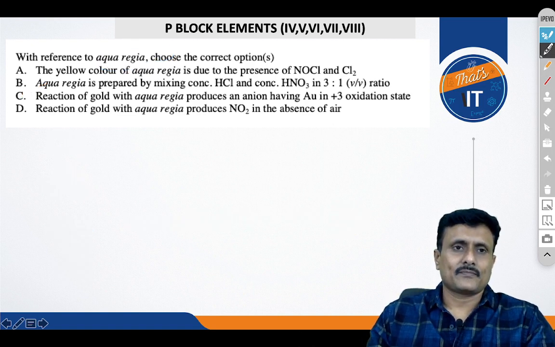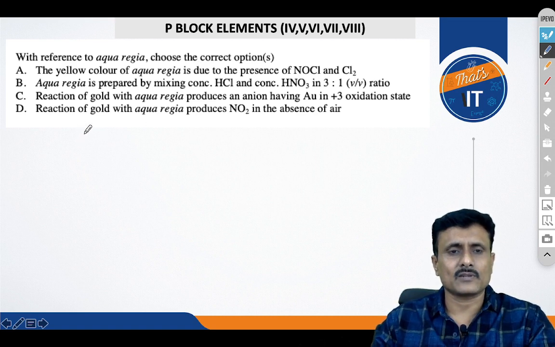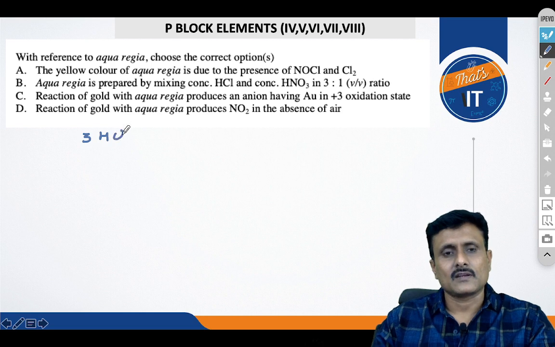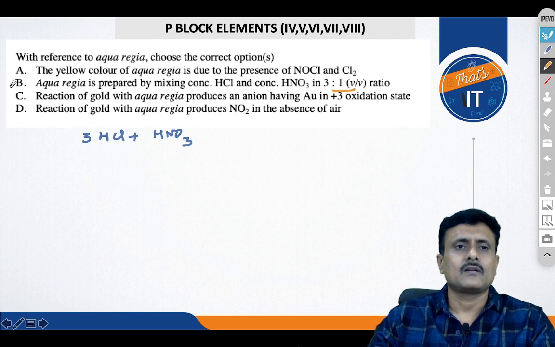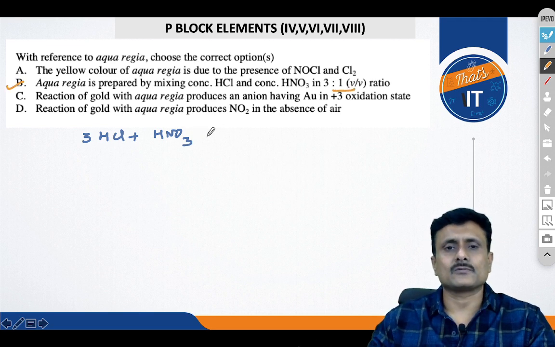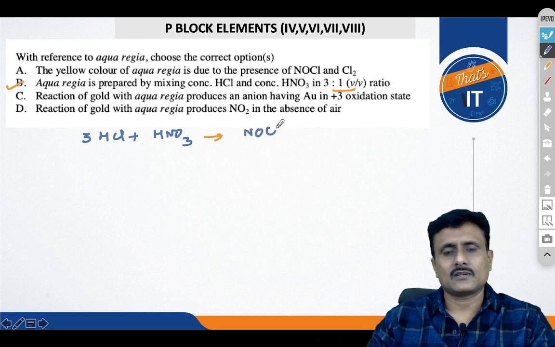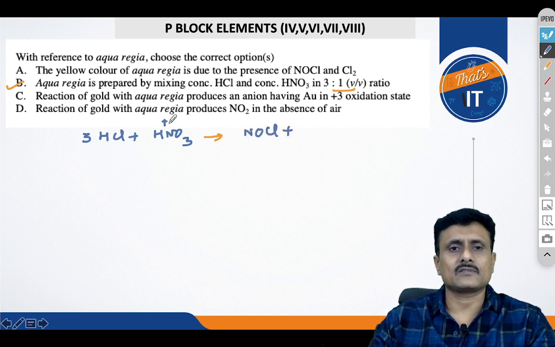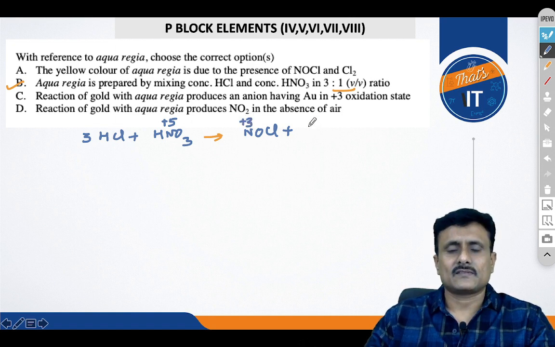Now you see the yellow color of aqua regia is due to the presence of NOCl and Cl2. You can see that aqua regia is actually 3 moles of HCl and 1 mole of HNO3, volume by volume, which gives rise to NOCl. So you can see that nitrogen, which is in +5 oxidation state, gets reduced, plus Cl2.